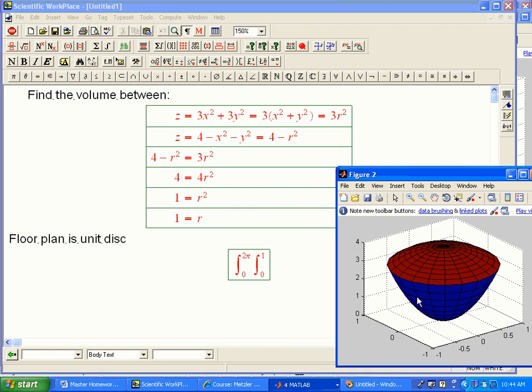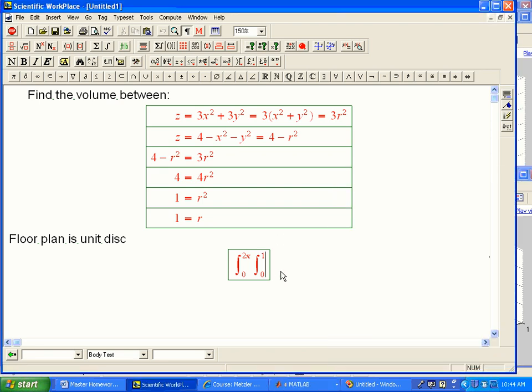We take a little column that only extends between the blue and the red. And so that's going to be 4 minus r squared, and then minus the 3r squared, top minus bottom. It's really a lot like some problems in BC. And then, of course, r dr d theta. That's the area element.